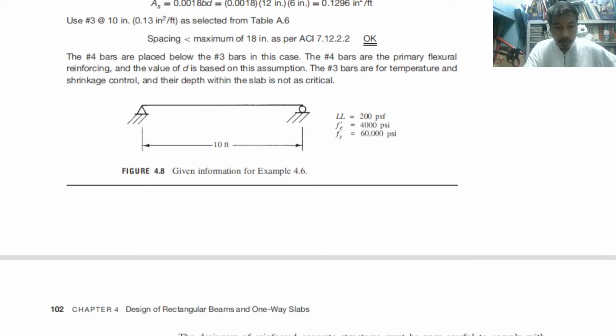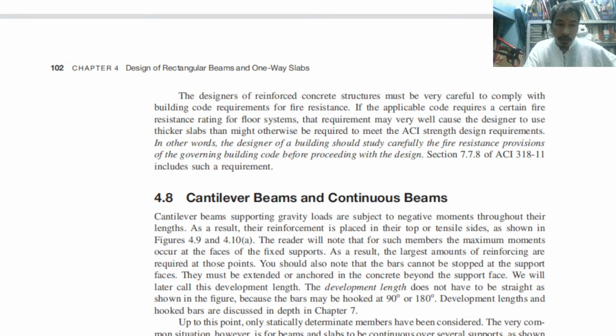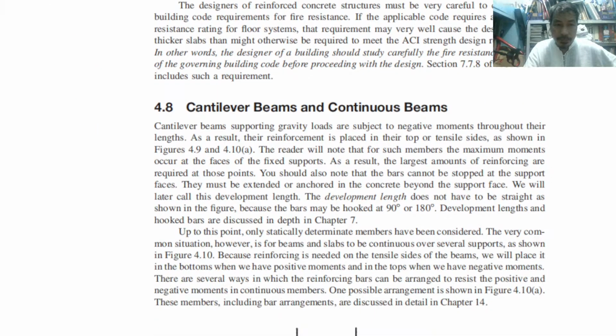Therefore we have the explanation. The designers of reinforced concrete structures must be very careful to comply with the building code requirements for fire resistance. If the applicable code requires a certain fire resistance rating for a floor system, that requirement may very well cause the designer to use a thicker slab than might otherwise be required.